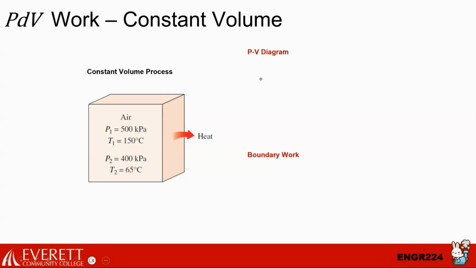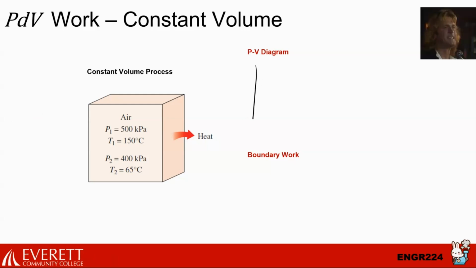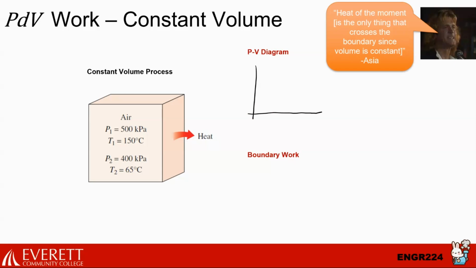It just means that our container is not changing volume. In the picture that you saw up there, heat or moment is the only thing that crosses the boundary since the volume is constant, or in other words, we do not have any boundary work.